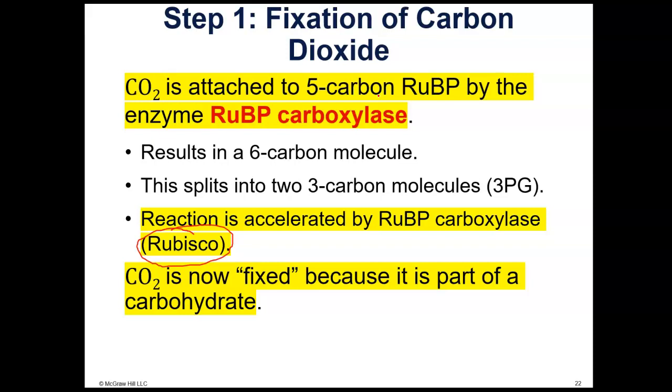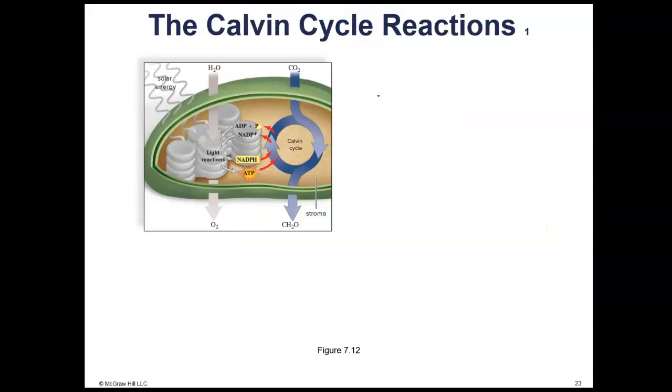Now, once that happens, it's then got to be converted into a molecule called G3P, which is the molecule that can be used to produce glucose.